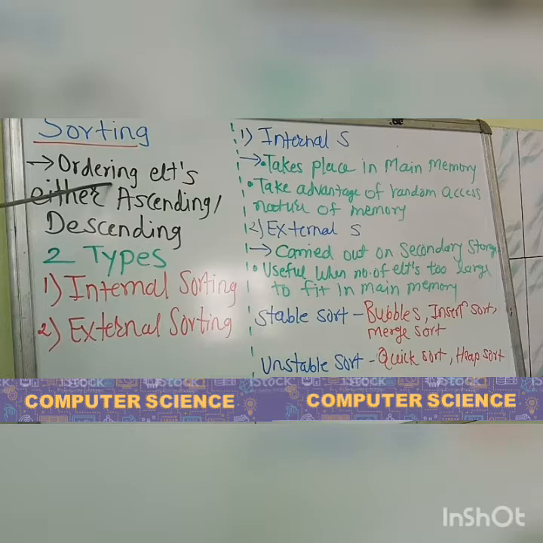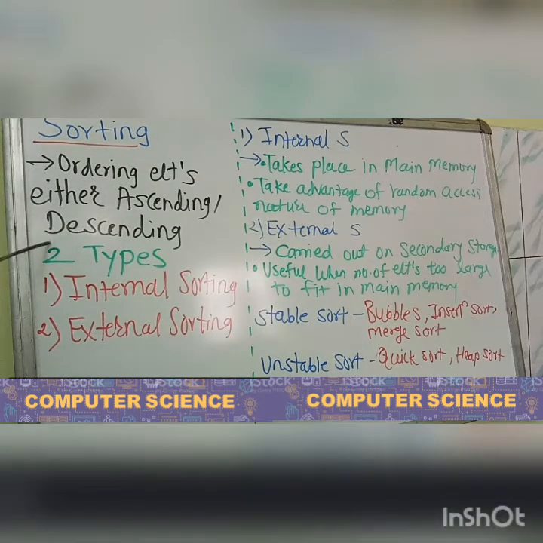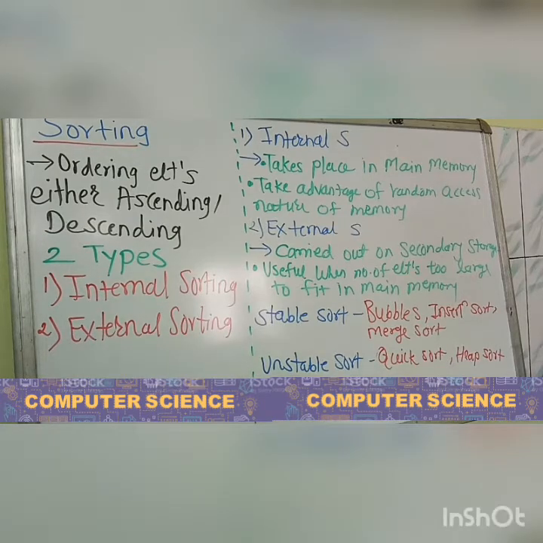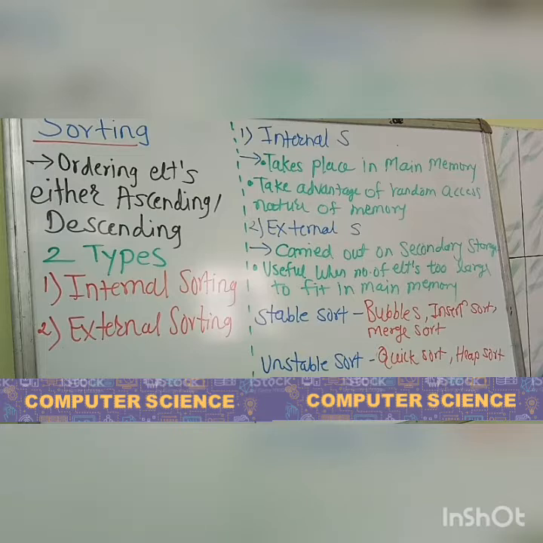Sorting is nothing but the ordering of elements either in ascending or descending manner. What do you mean by ascending and descending? Arranging elements from small to large is known as ascending, and arranging them from bigger to smaller is known as descending. These are the two ways by which we can order our elements.